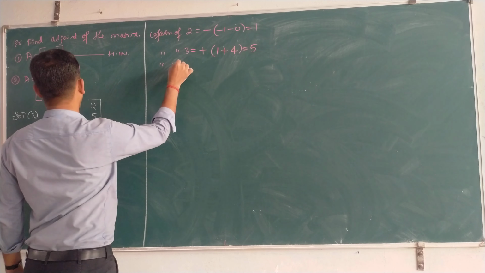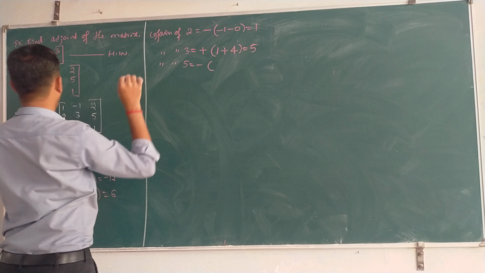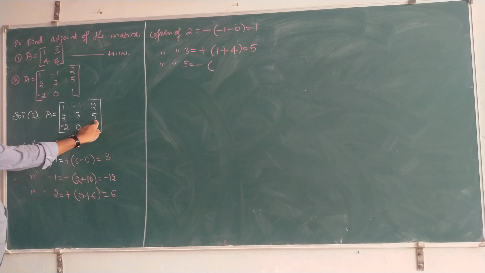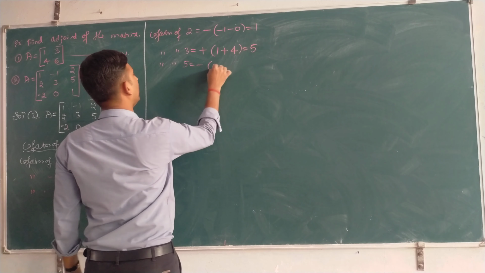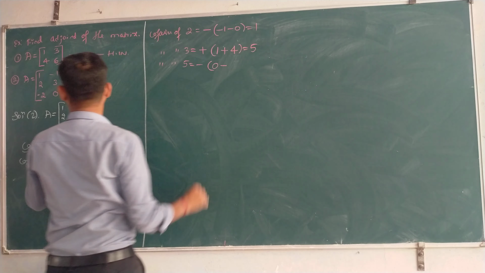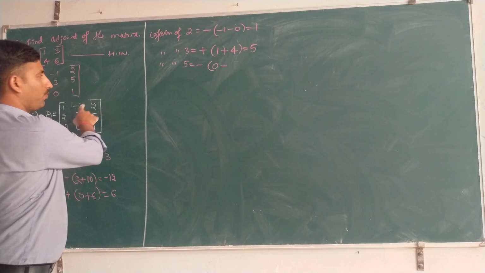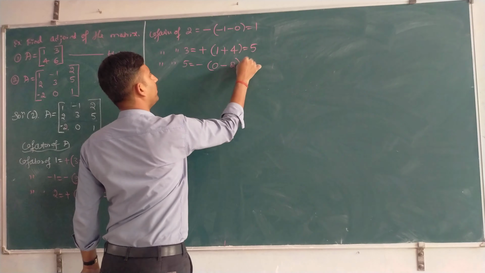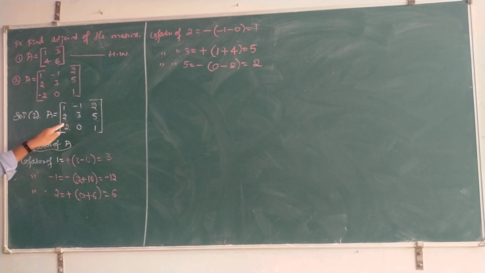Cofactor of 5, which is equal to plus, position, this row and this column are deleted. What are the elements? 1 into 0, 0 minus of minus 2, plus 2 minus, that is minus 2, which is equal to plus 2. Are you agree?